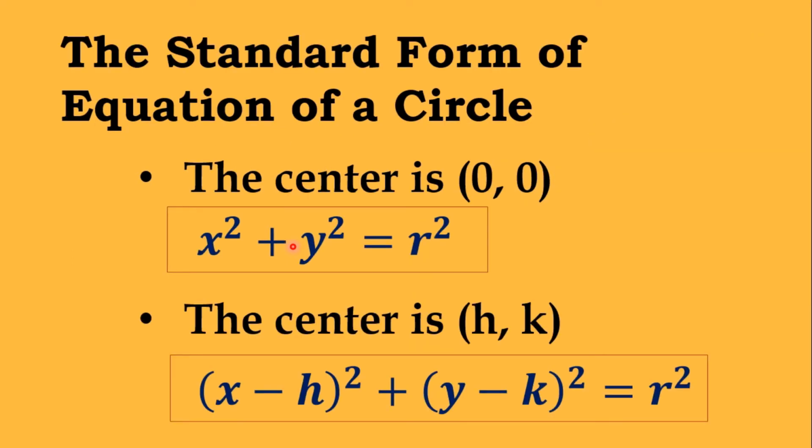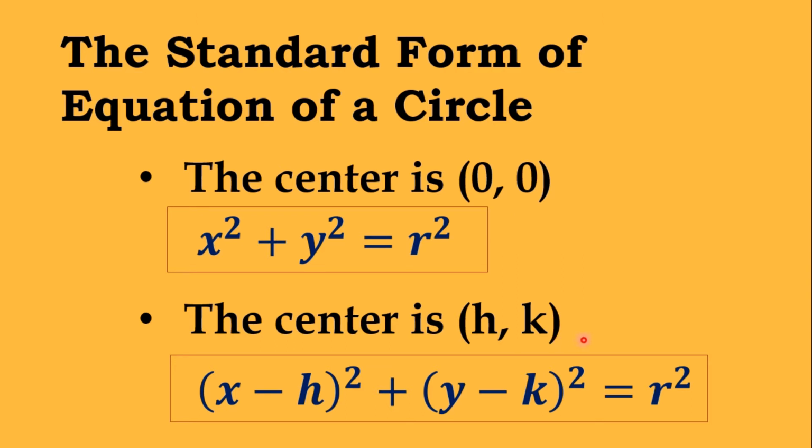There are two standard forms of equations of a circle. The first one is x squared plus y squared equals r squared. It is written in this form if the center of the circle is at the origin of the Cartesian plane, which is (0, 0).